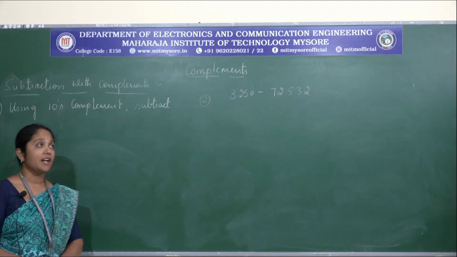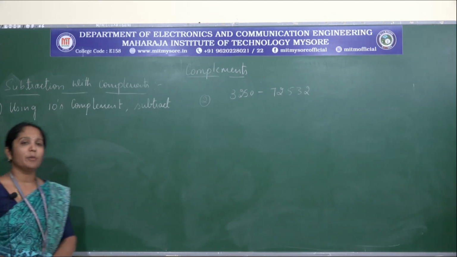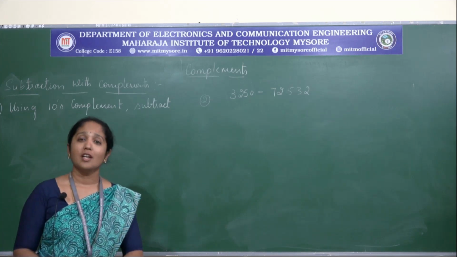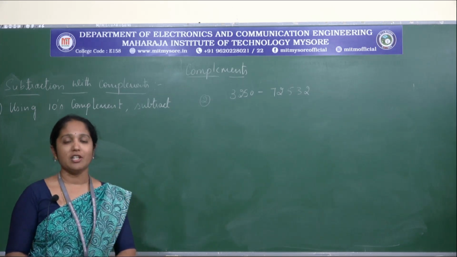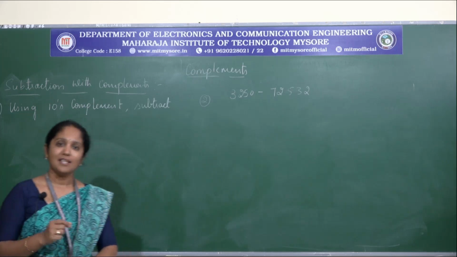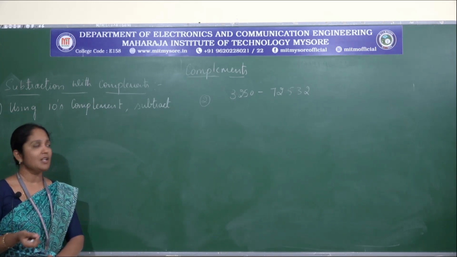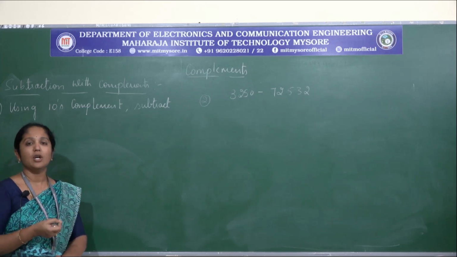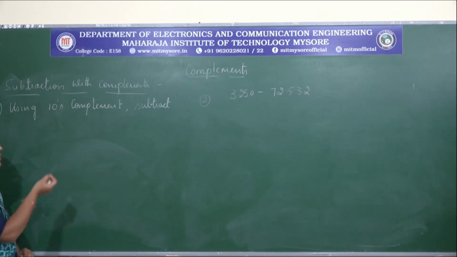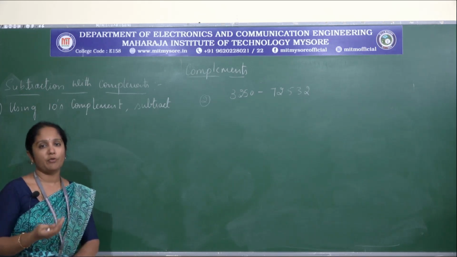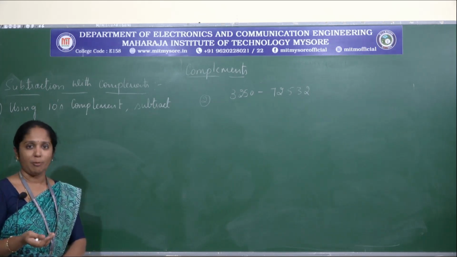Let us now understand subtraction with complements. As I said, complements are used in digital computers in order to simplify the subtraction operation. Now let us learn how to perform subtraction. To understand this, I have taken two examples here. Let us learn how to perform subtraction using the 10's complement first; later we will learn how to perform subtraction using the 2's complement.